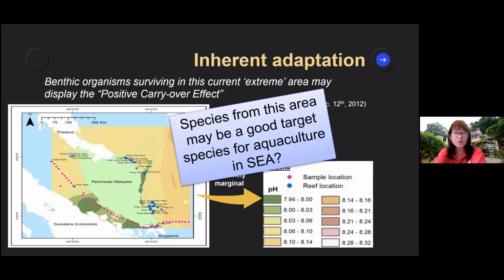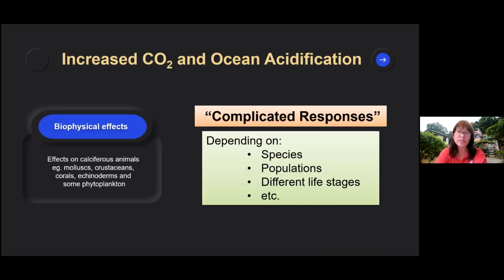Our aquaculture needs to be sustainable regardless of what the climate change is interfering. So by having the science intervention, we can come up with a selection of good target species for aquaculture to sustain and secure our food security in the country and also in the region.